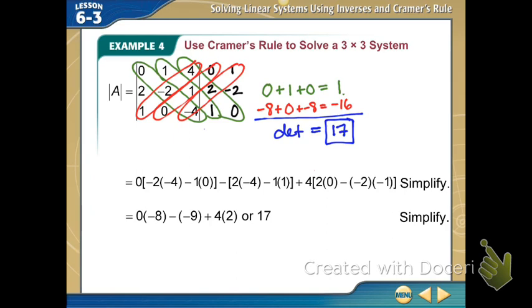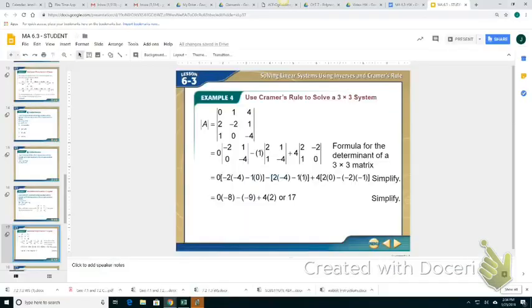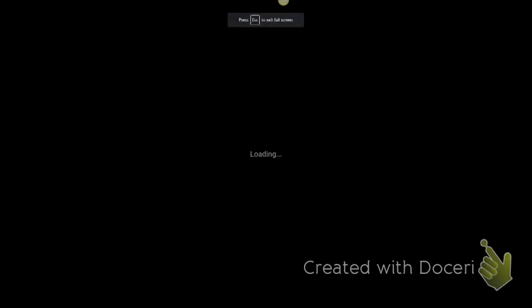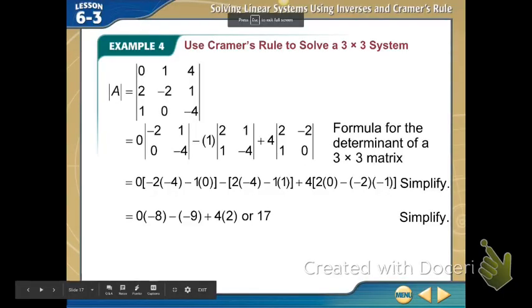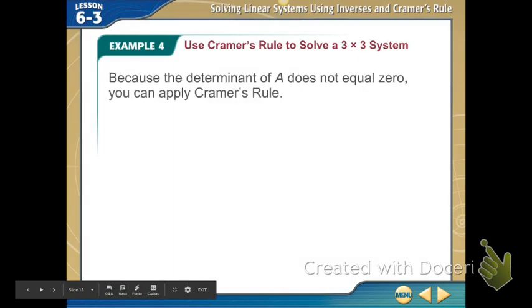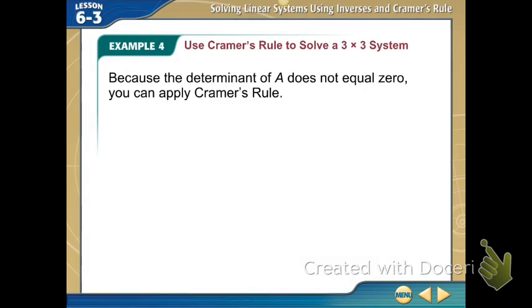So again, we first check to make sure the determinant is non-zero. So now that we know the determinant's non-zero, we can apply Cramer's rule.